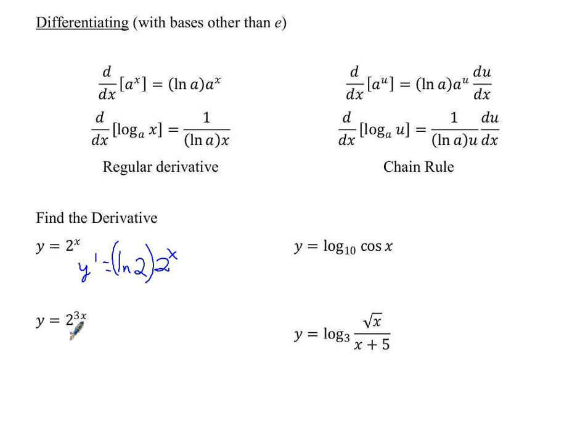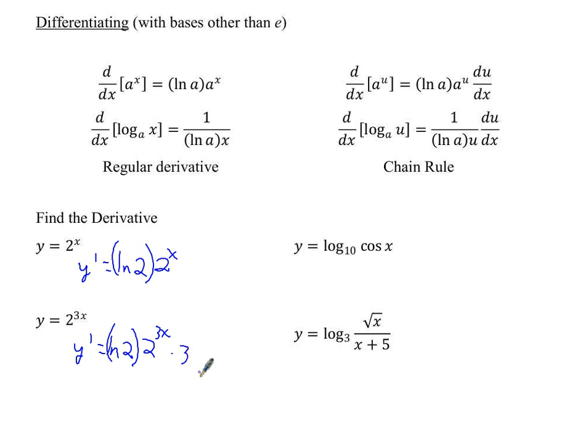Let's go to this one down below here. Chain rule. So what do we got? Natural log of 2 times 2 to the 3x, and u prime is 3.